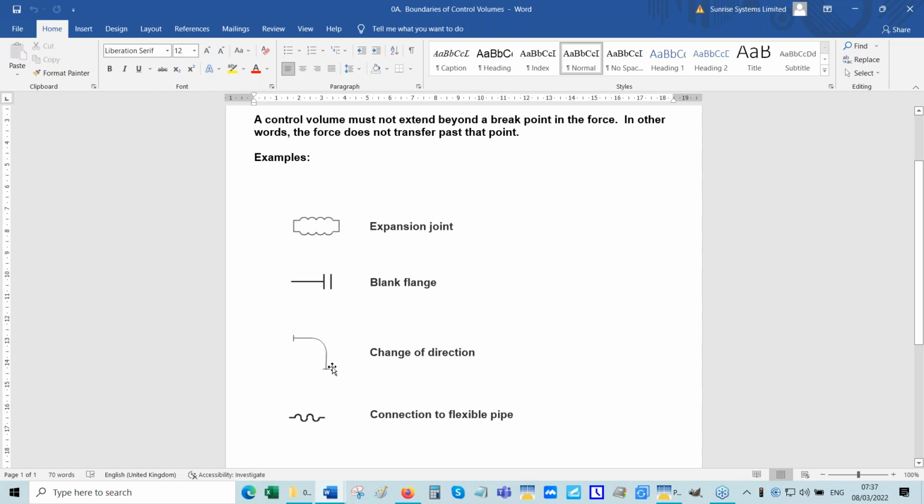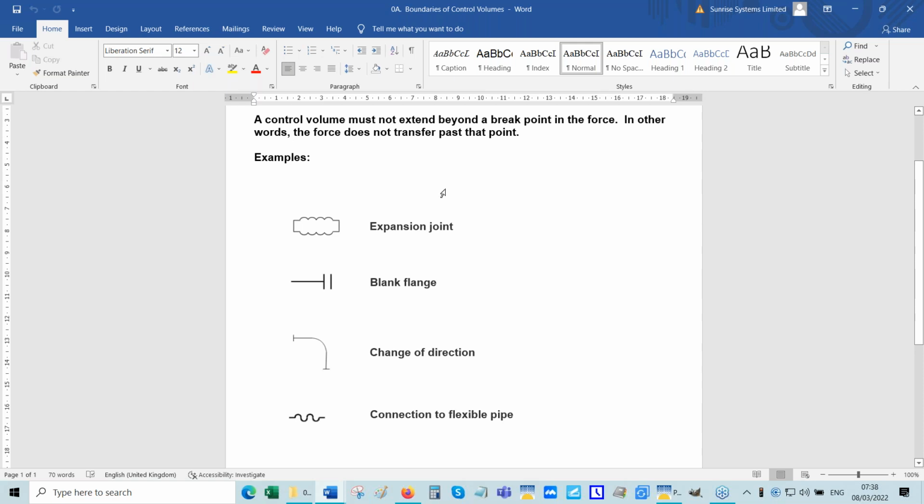Or if you have a change in direction, the force can only act on this item. It cannot get transferred to the other side of this elbow. Or if you have a flexible pipe to which you have a connection, then the force cannot go past it.